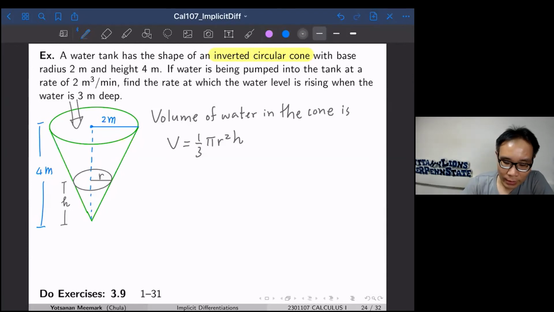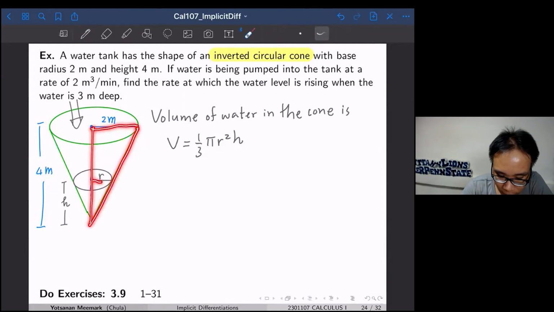Okay, and another thing that we also know is we have the relationship between h and r from a similar triangle. So if you see this right triangle, you're gonna have the ratio between radius and height, 2 and 4, will be the same because these triangles are similar.